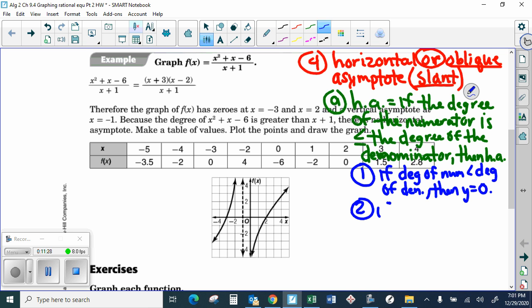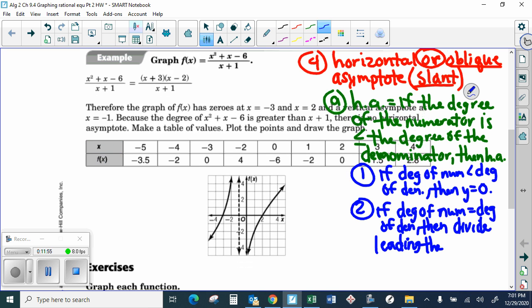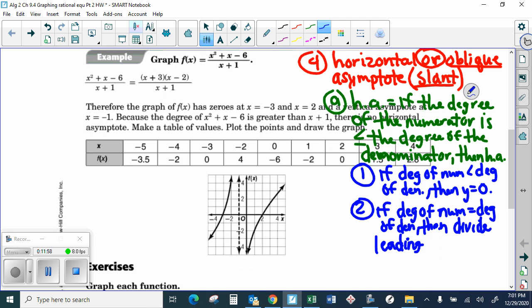Two, if the degree of numerator equals the degree of denominator, then divide leading terms to get the equation of y equals some number.